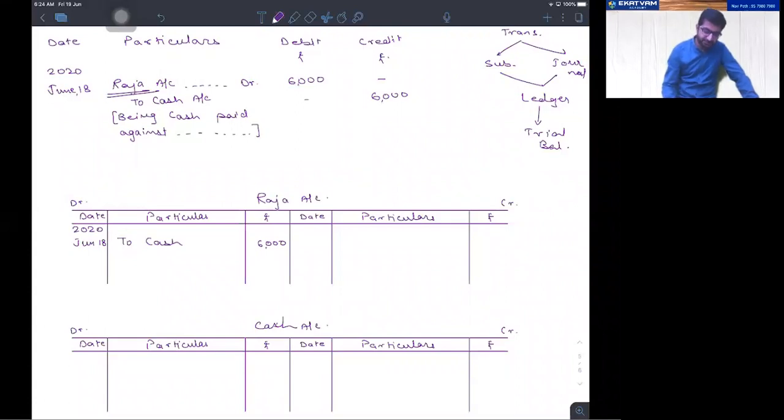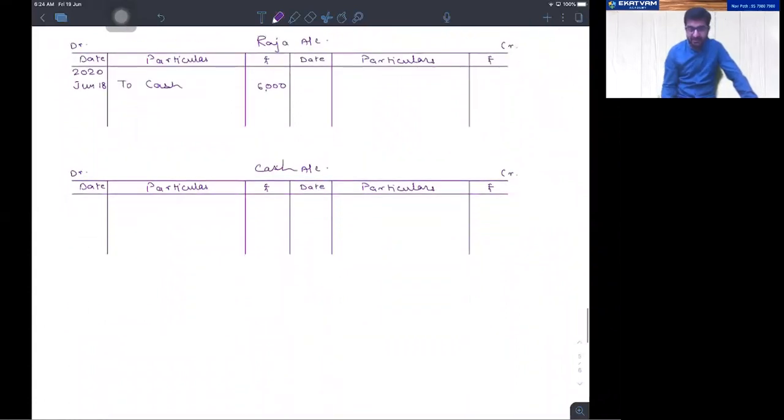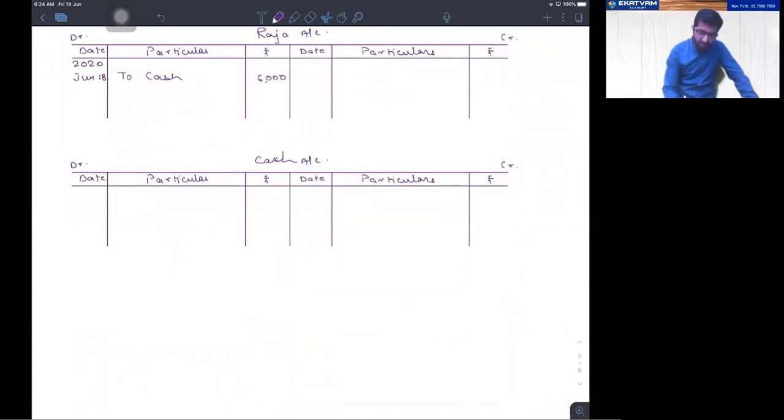Is it right? And similarly, I'll go to the cash account on the credit side. I'll write the same date because the two effects have to be completed on both sides. June 18, by Raja.